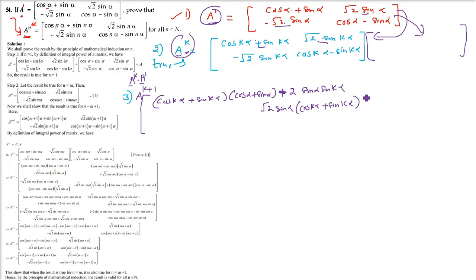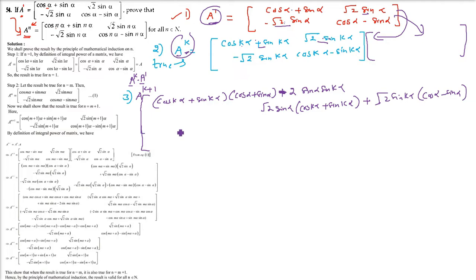Plus root 2 sin k alpha multiplied by cos alpha minus sin alpha. That is, the second value of the first row multiplied by the second value of the second column, cos alpha minus sin alpha.